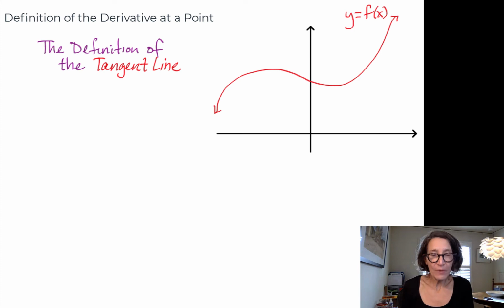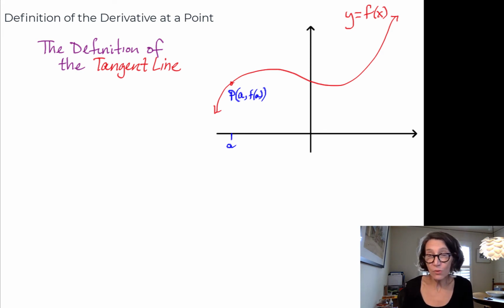Suppose we have the graph of a function, y equals f of x, and we have a point with x-coordinate a and y-coordinate f of a, and we'd like that line that just hits the graph at that one point. Remember, to get the equation of a line, we need two bits of information.